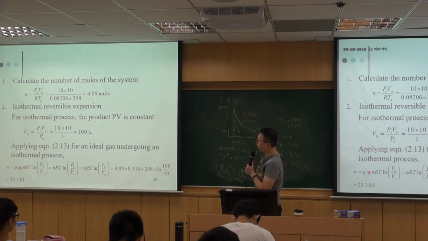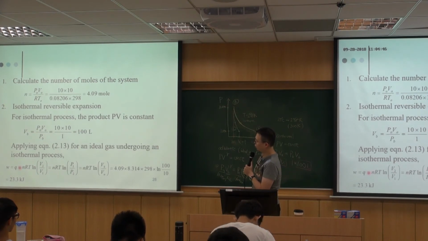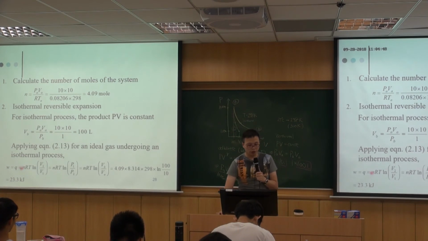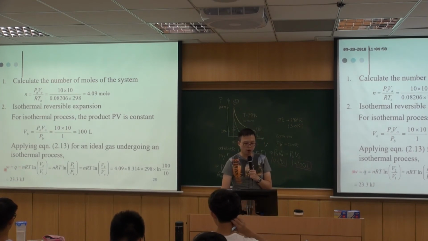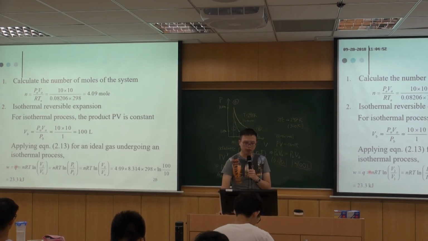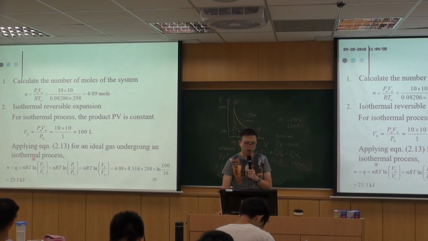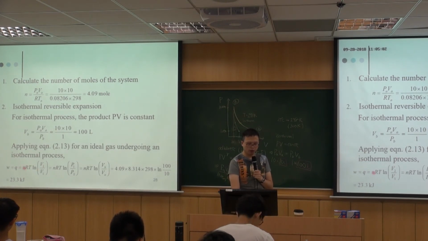So there's an n in front of it. So this is an important derivation that the work done by the system is the same as the heat absorbed by the system, and it can be calculated by this formula.